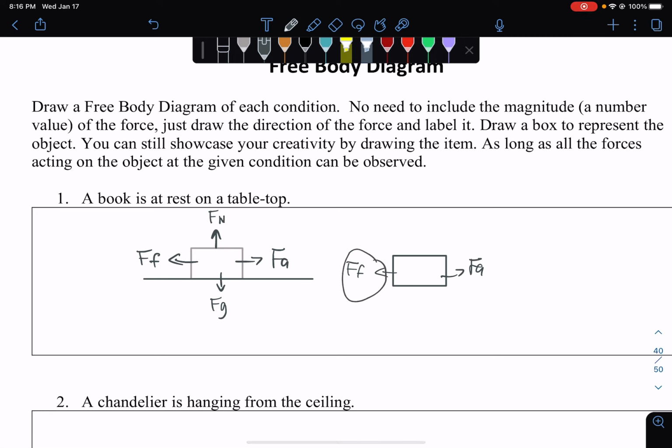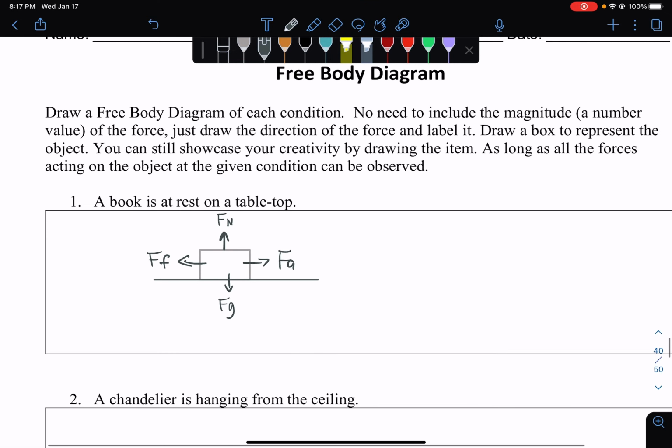So if the object has a really high value of mass, and the applied force is not strong enough to overcome that weight or mass, the frictional force is then stronger than the applied force. I suppose that's the way you explain it.